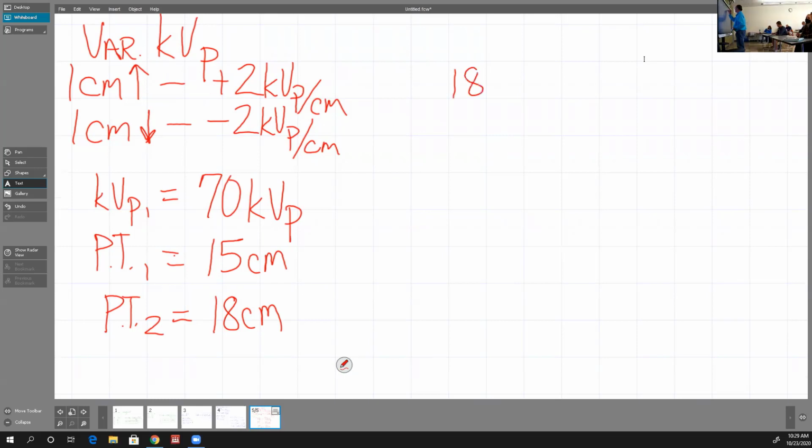Take 18 centimeters minus 15 centimeters equals 3.